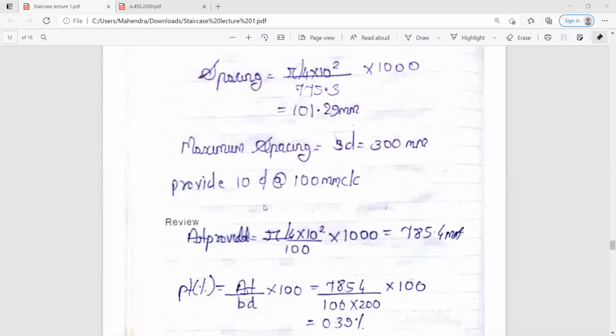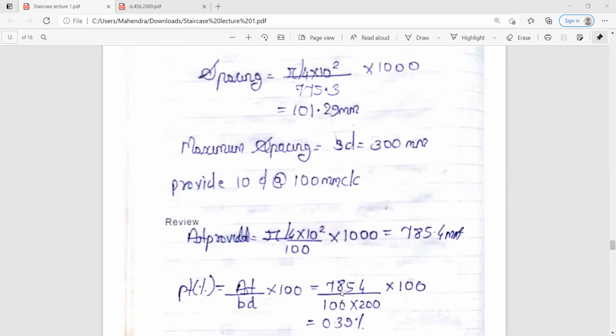After getting AST provided, you are going to calculate the percentage minimum. You are going to calculate this for the calculation of tau c. The formula to calculate the percentage is AST provided upon B into D into 100.